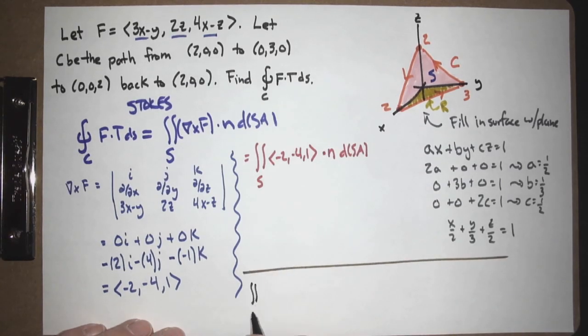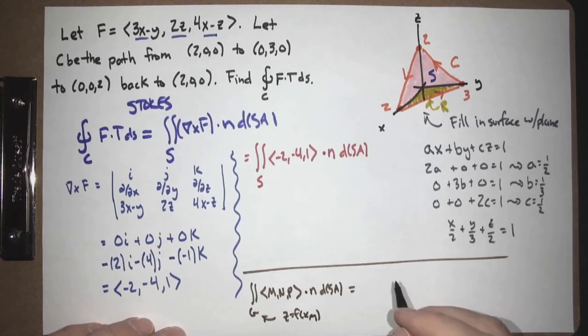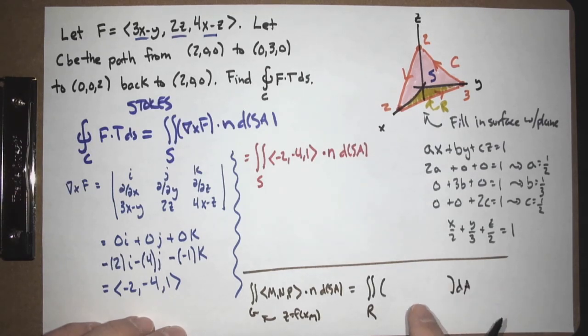The integral on a surface G of, I'll say, (M, N, P) dot little n dS, where G is z equals a function f of x, y. Do you remember what the formula is? It's equal to the integral over the region of the surface in the plane, stuff, dA. The real question is the stuff: minus M f_x, minus N f_y, plus P.